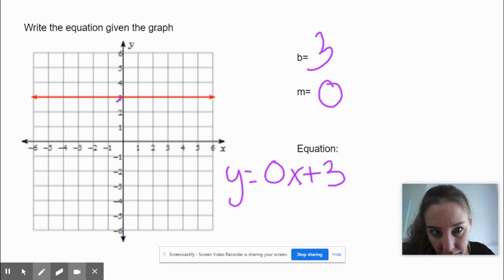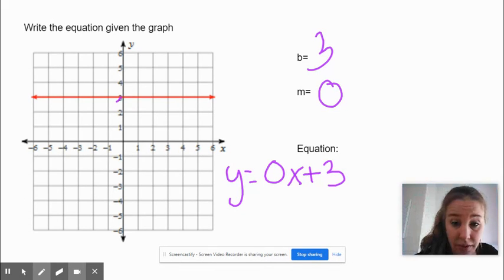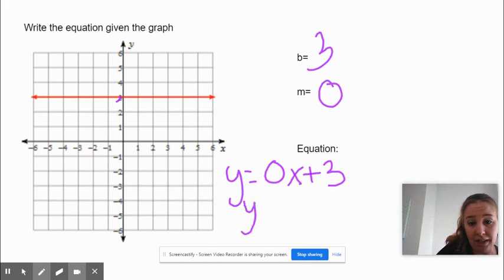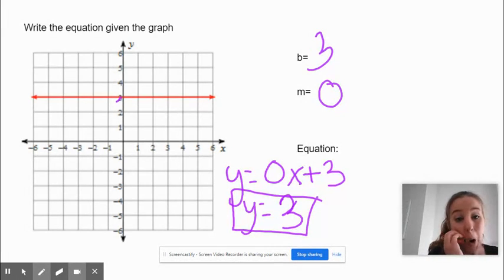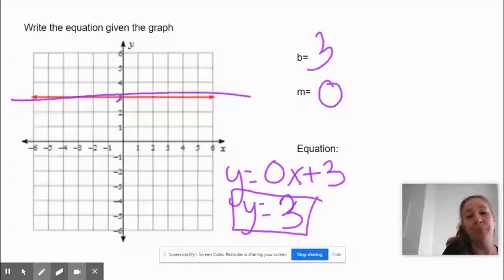Now think hard. What is 0 times x? What is 0 times anything? 0, right? So you could put y equals 0 plus 3. What would be the point of 0 plus 3? We're just going to put y equals 3. So the long story short, when you have just a flat line like that and you have no slope, you could just say y equals 3.